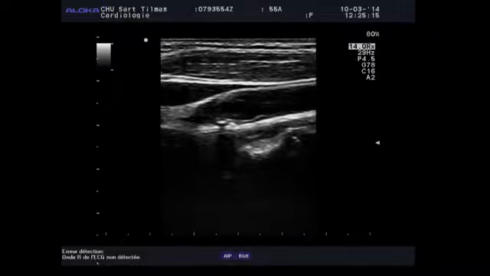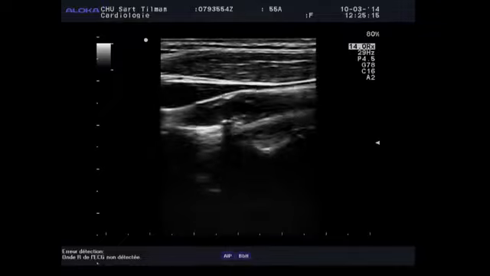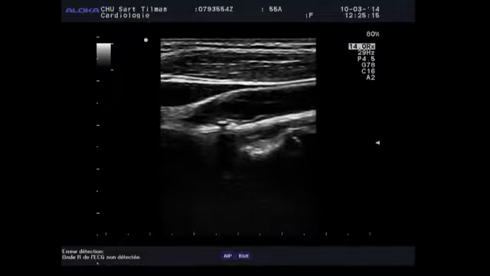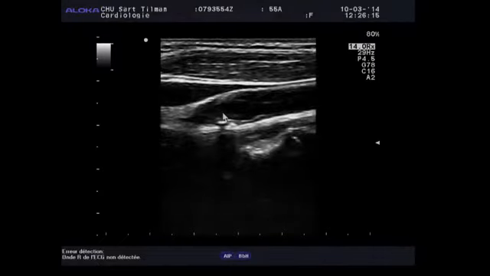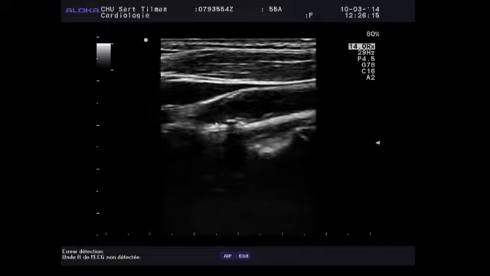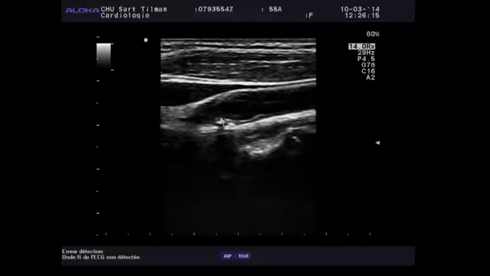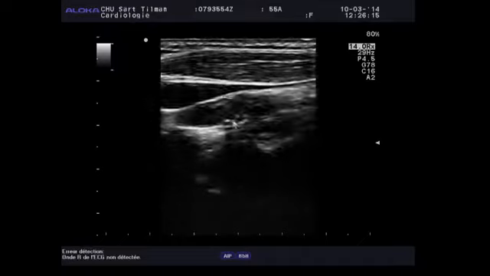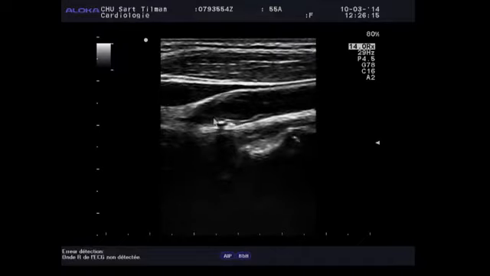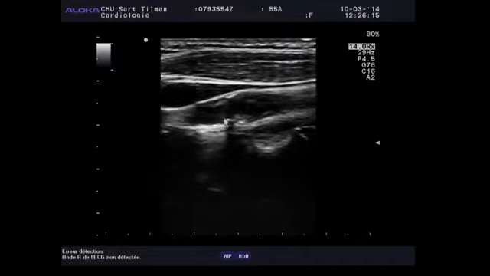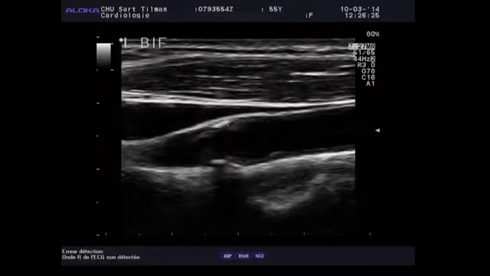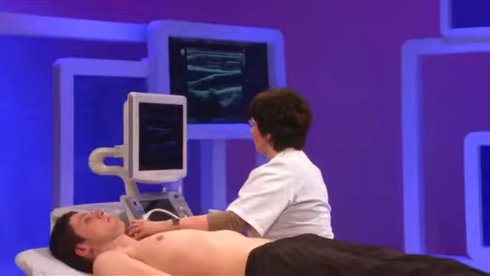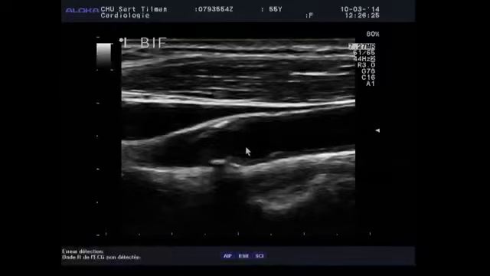Then we move to the bifurcation, and here you can see just the ostium of the internal carotid artery with the plaque. This plaque is partly calcified, you can see, but there's something more hypoechogenic. Here is the plaque. The stenosis doesn't look quite severe.